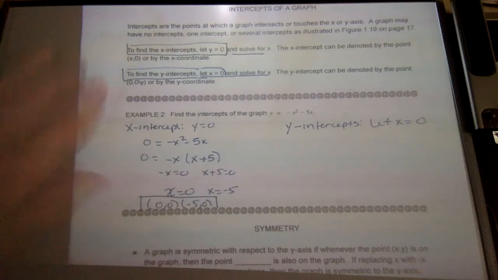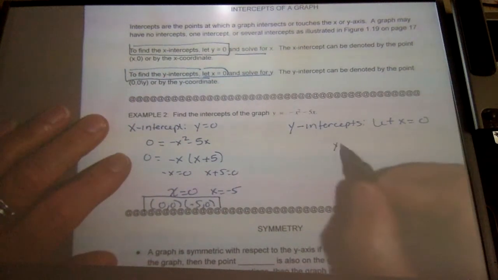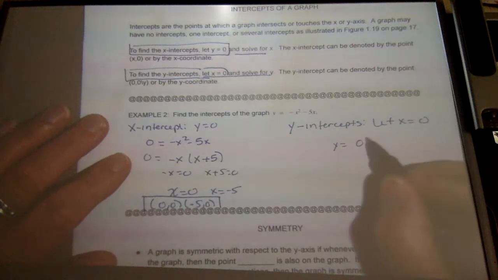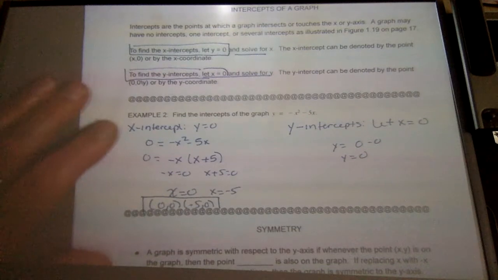For the y-intercept, we let x be 0. Those are usually our easier ones to do. 0 minus 0, we get a y-intercept of 0.